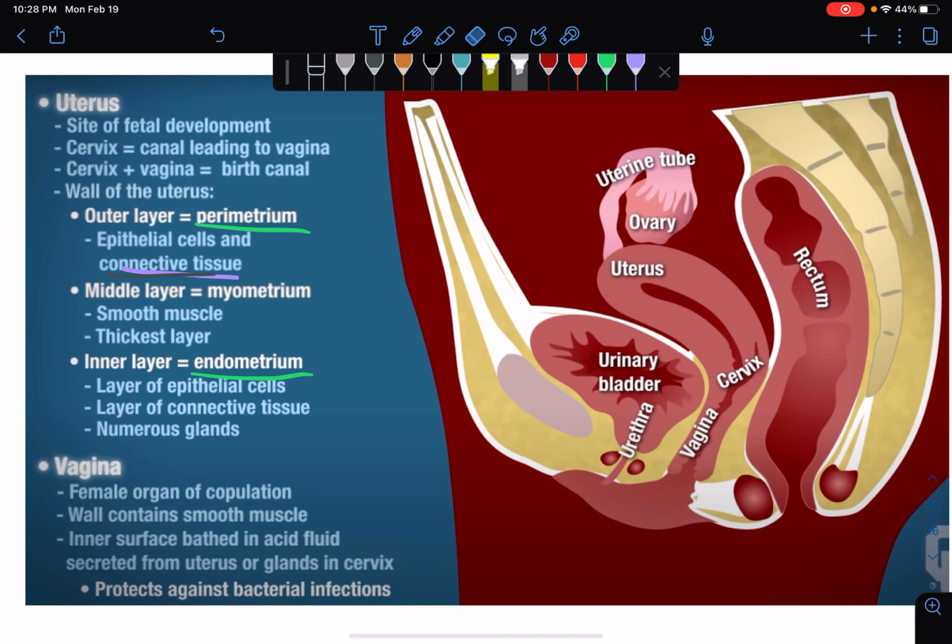So it is sensible to think that the perimetrium comprises connective tissue. For the myometrium, we have smooth muscle, and it is the thickest layer. For the endometrium, which is the innermost, it is a layer of epithelial and connective tissue, and there are numerous glands. I'm just not sure what those glands are.